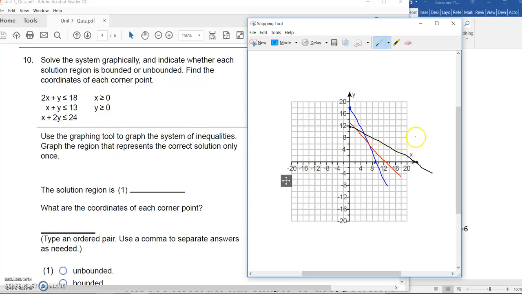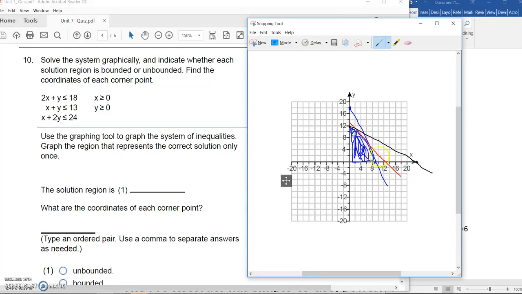So in all three lines, we're looking at the bottom portion of all the lines, and their intersection would be, let's just put the intersection of all three starting here and everything inside here.